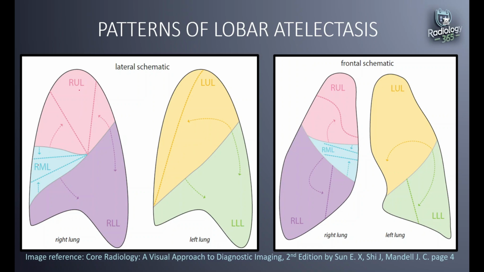If the upper lobe were to collapse, the lower lobe and the middle lobe would inflate to fill the space. If the middle lobe were to collapse, the upper lobe and the lower lobe would inflate to fill the space. And if the lower lobe were to collapse, the upper lobe and the middle lobe would inflate to fill the loss of volume. That's how you can remember the movement of the fissures.